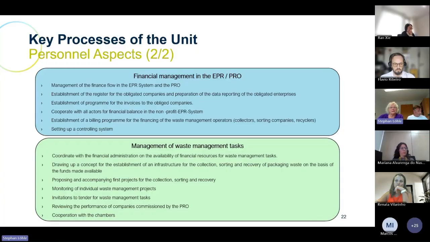It's coordinated with all financial administration, drawing up a concept to establish an infrastructure, proposing the first projects for the collection. You will not cover the whole country in the first year, so how do you start step by step? Monitoring of individual waste management projects, invitation of tenders, and cooperation with the chambers and, of course, with the municipalities.